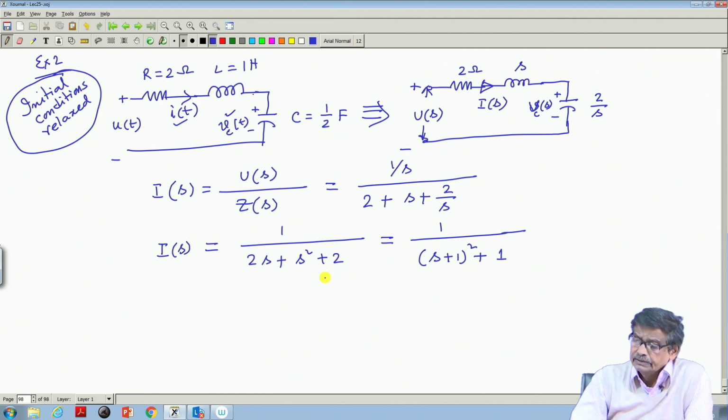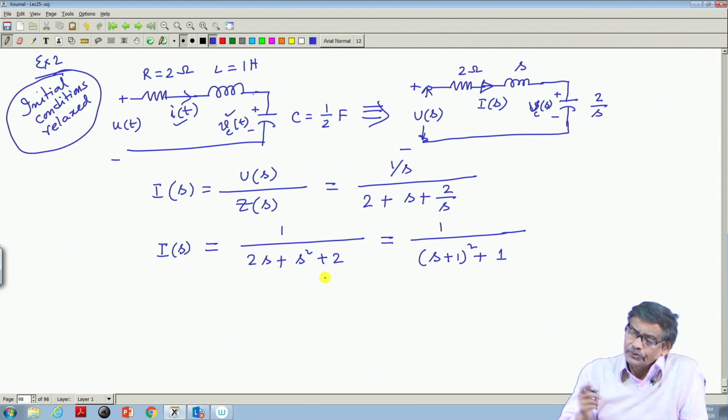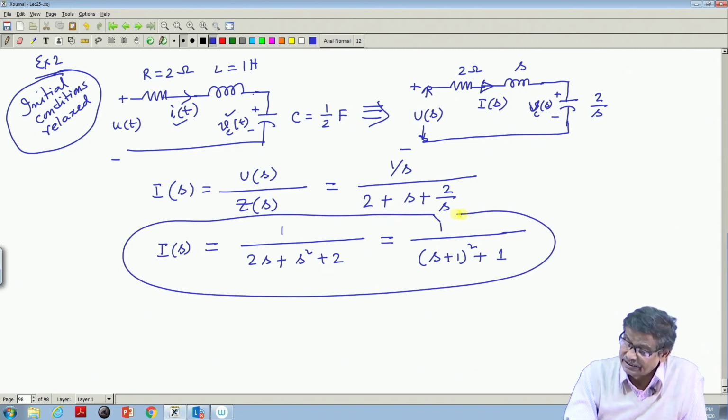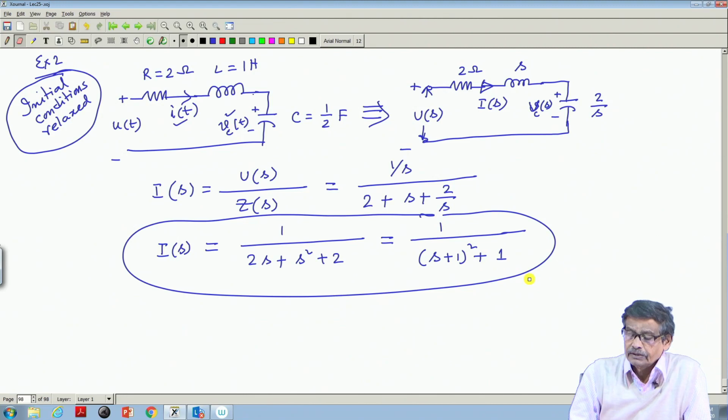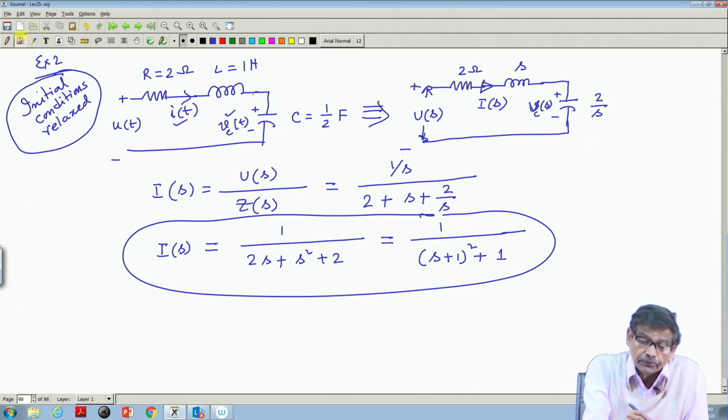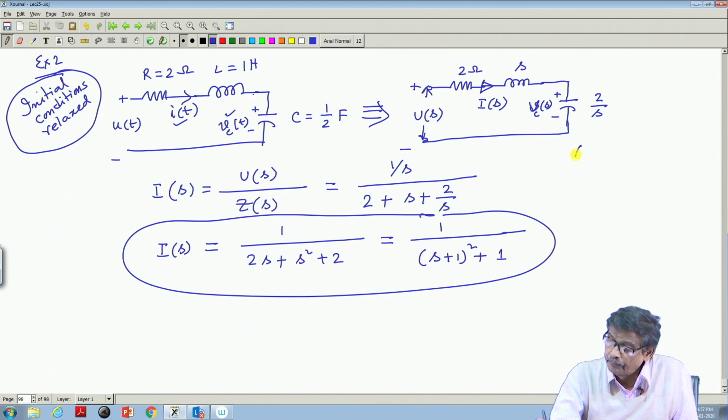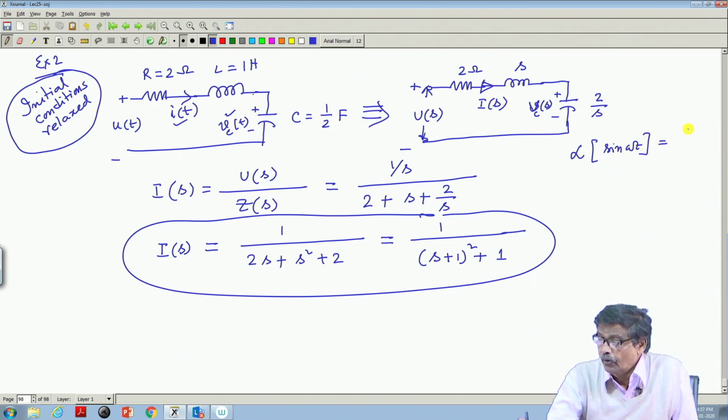You see, in this case, should I go for partial fraction? You know that this I s itself is in the form of some standard Laplace transform formula. What is that? For example, we know that Laplace transform of sin omega t is equal to omega by s square plus omega square.